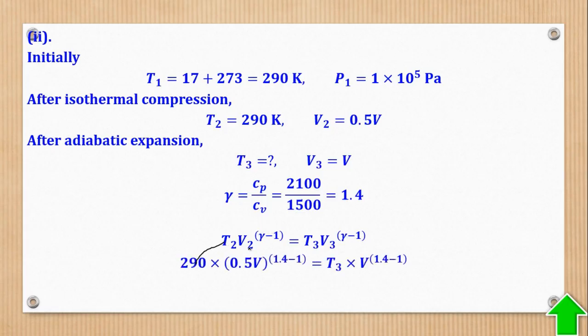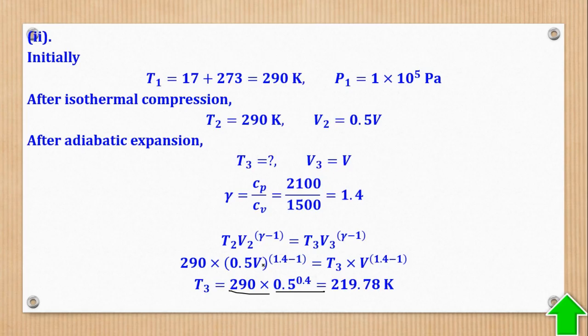So T2 is this, and V2 is that. Then you substitute for gamma. T3 we don't know, V3 we know. Now from there, we need to make T3 the subject. So T3 will be equal to 290 times 0.5 to the power 0.4. Where did it come from?